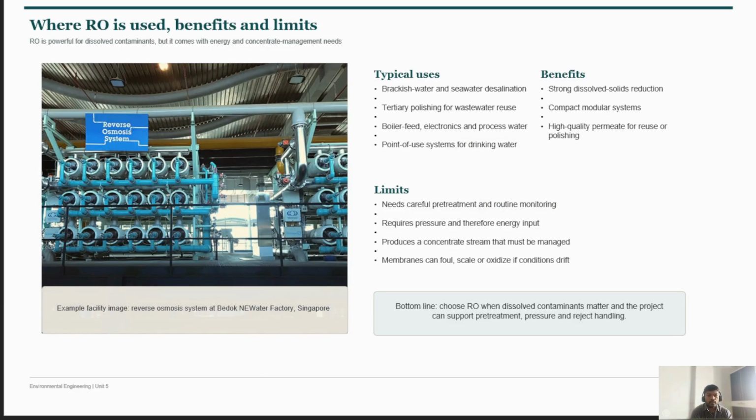So on this slide, we can see what the use of this RO membrane is. It is for brackish water, that is highly concentrated water containing high dissolved solids or any kind of dissolved organic matter. For that removal, we use RO, and for seawater desalination. As a tertiary treatment for wastewater, we can use it.